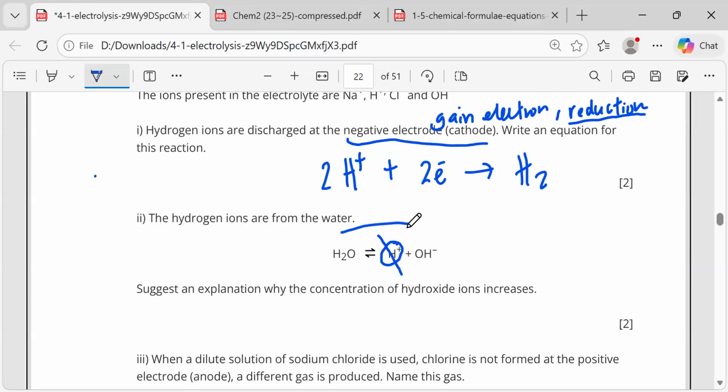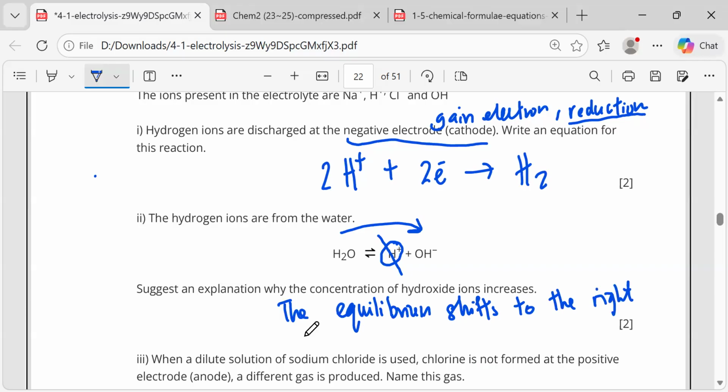To the right, to replace the hydrogen ions removed, so hydroxide ions also increase.